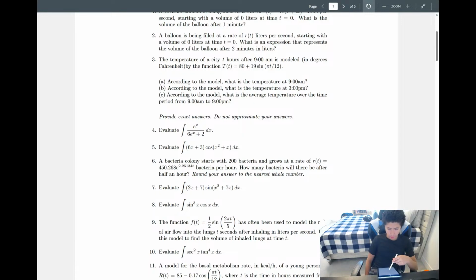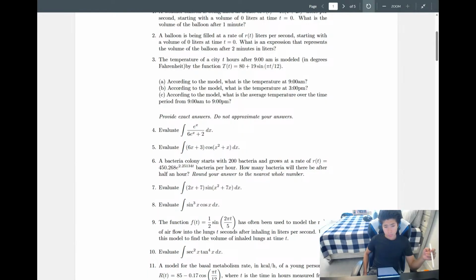Yeah, so I think this formula for integration is kind of useless because we don't have any integration. We're not differentiating anything.